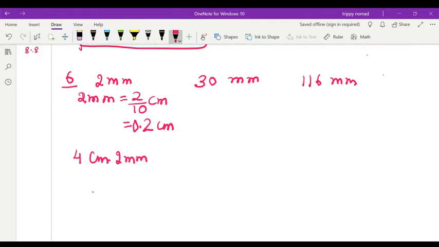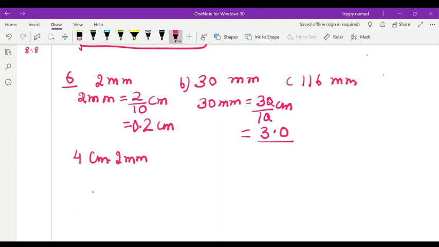So the answer will be 0.2 centimeter. Same way, children, this is B part of the question. 30 millimeter is equal to 30 upon 10 centimeter. 0 cancelled by 0. You can say 3.0, because if there is one digit after the point, you put the point before one digit, so it will become 3.0.